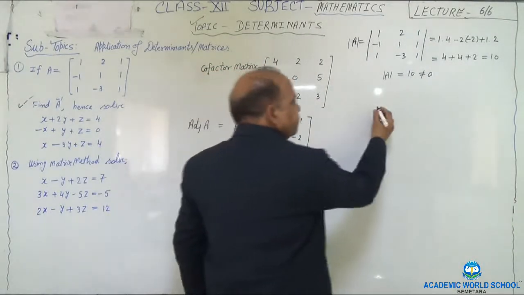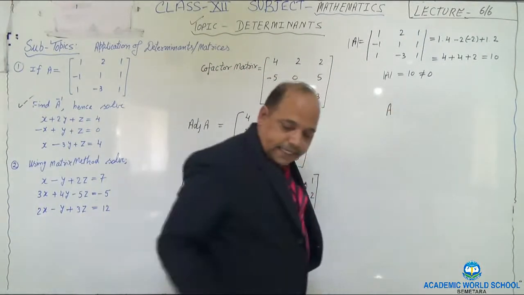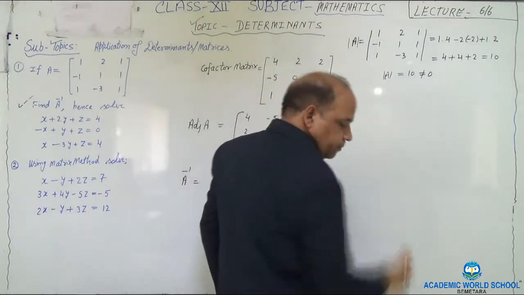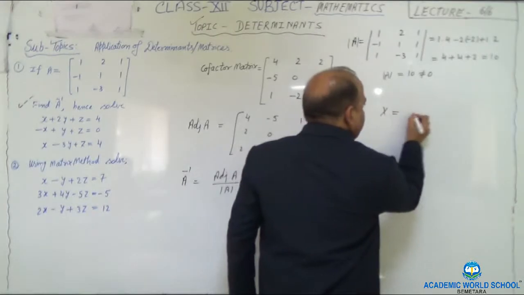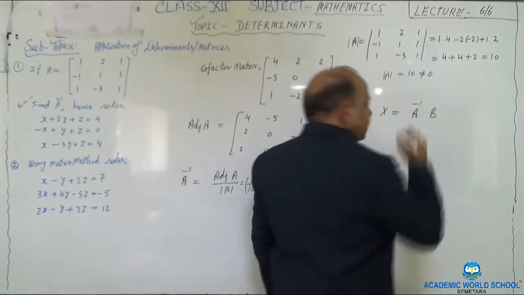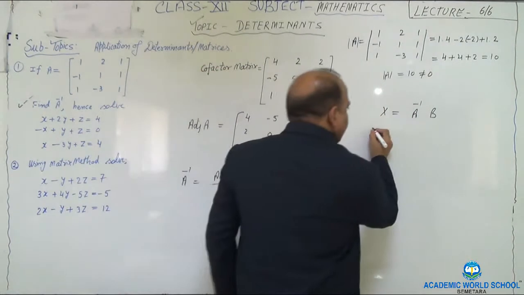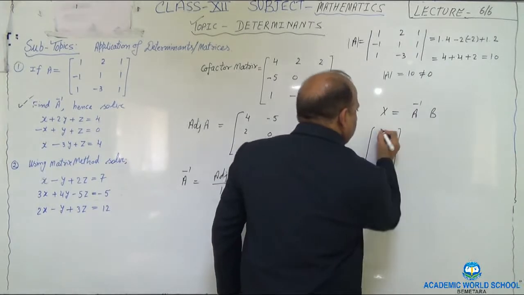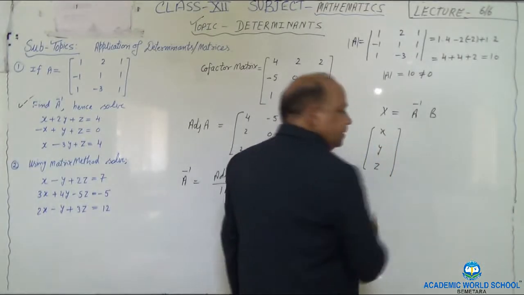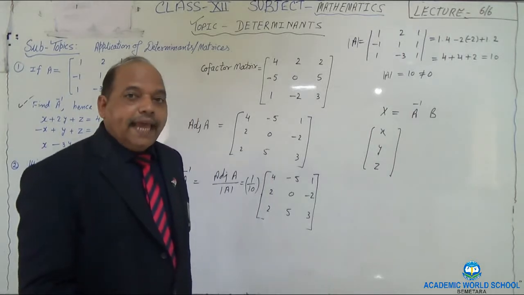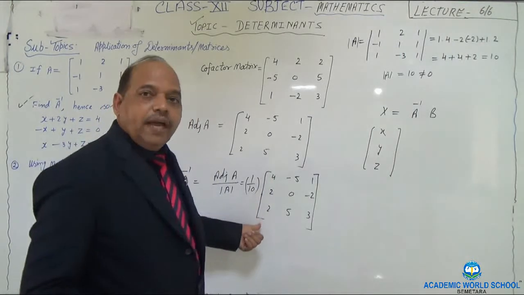So after getting the inverse of it, what are you supposed to do? We write that A x = B can be written as x is equal to A inverse B. Now be very careful. What is my x? Over here x is nothing but your x, y and z, the unknowns. And what is A inverse? A inverse you have calculated right now.